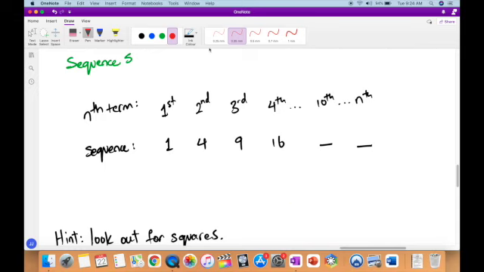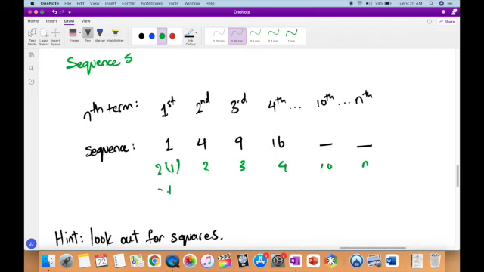And the first thing I'm going to do is write down my nth term. So this is the first, the second, the third, the fourth. This will be the 10th, and this will be the nth. So I could try 2, but I could immediately see that multiples of 2, well, maybe it might help, because 2 times 1 is 2, and if I minus 1, then I'll get 1.